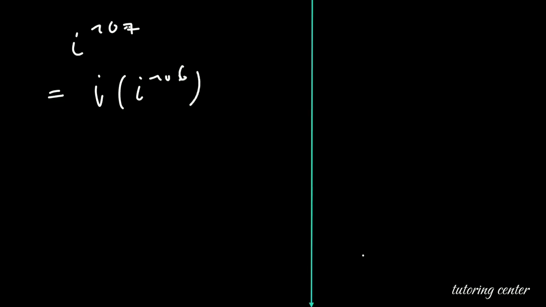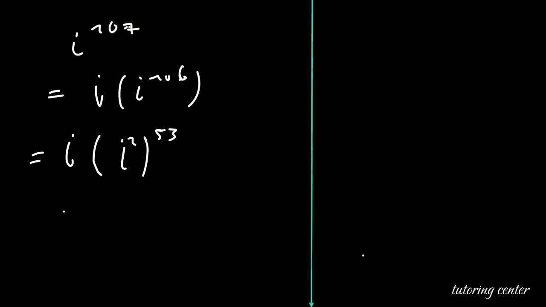We go ahead now to apply the method for simplifying i with even powers. So we get i times i squared to the power 53. We first factor out i squared, and what is left outside the bracket is 53, because 53 times 2 gives us 106.